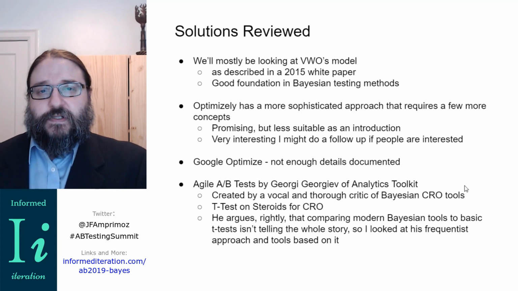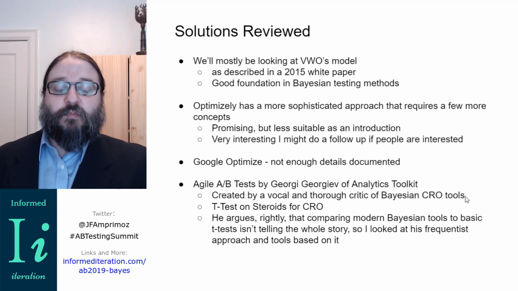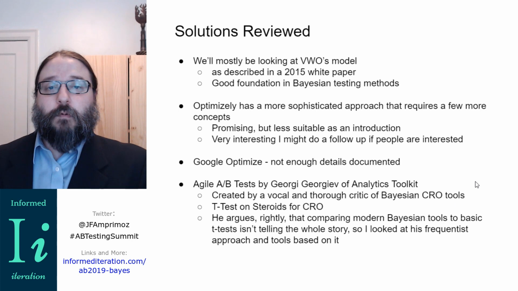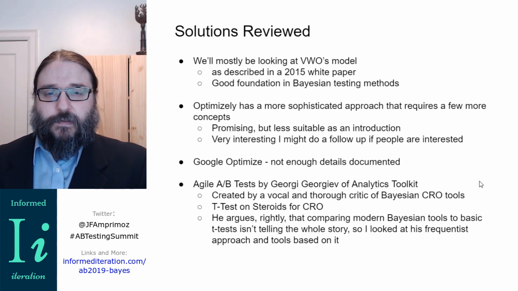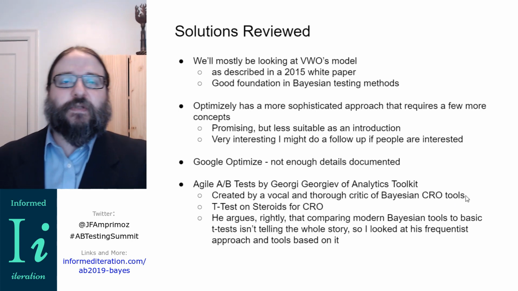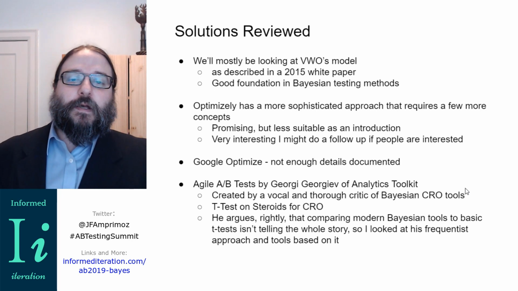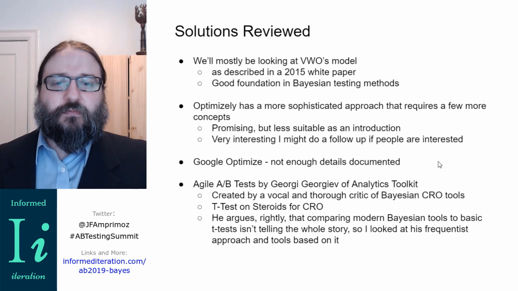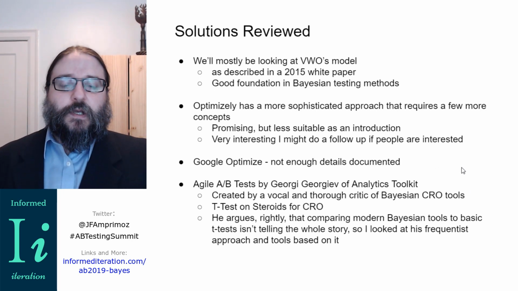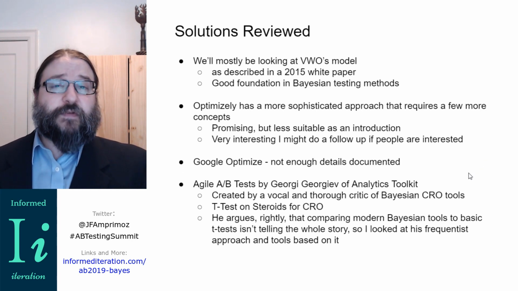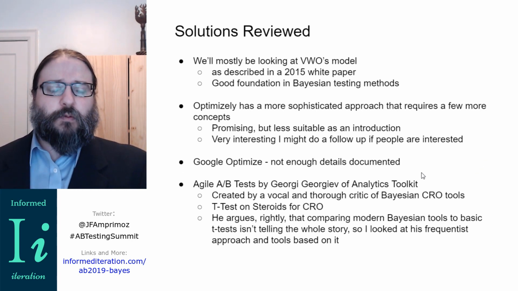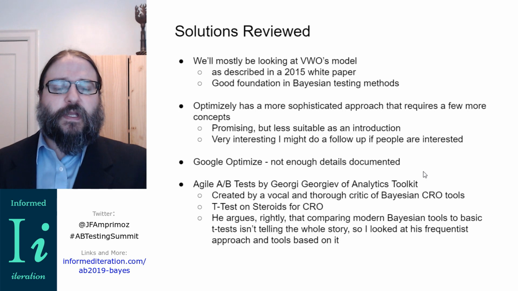Looking at the solutions we reviewed, we mostly looked at the VWO model because it's well described in a 2015 white paper, and it's a good foundation for Bayesian testing methods. Optimizely has a more sophisticated approach, and they've also got a pretty good white paper about it.